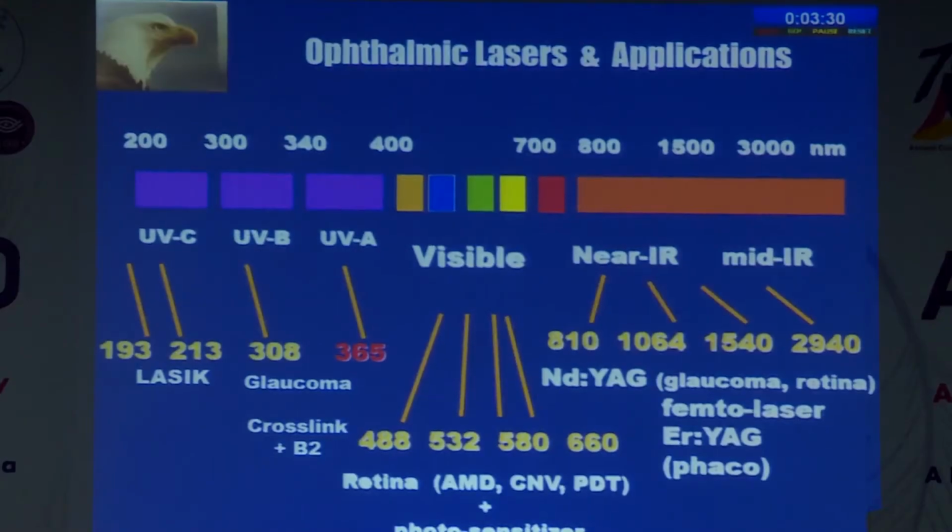And I show you the spectrum where cross-linking was at 365, it's called UVA, and UV has A, B, and C. So A is the longest. Actually, A is safer than B and C in terms of eye safety. Now, UVA is not the only light source that can be used for cross-linking.